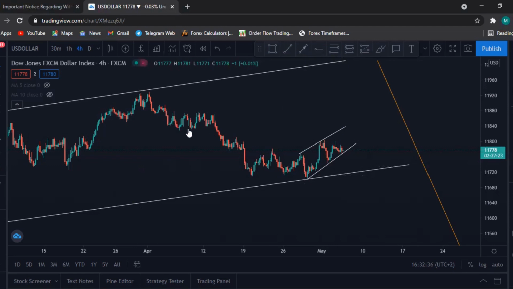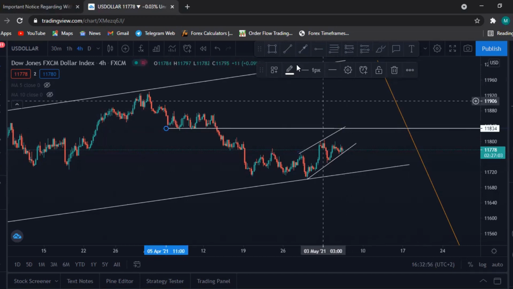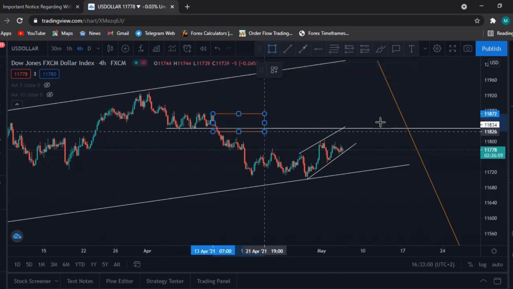Looking to the left-hand side, one would try to find a supply and demand zone, but what I'm seeing here is this previous area of support, which has a high probability of turning into resistance here, called SR flip, if you've done a course in QML, Quasimodo.